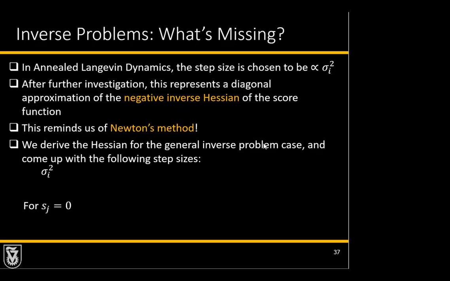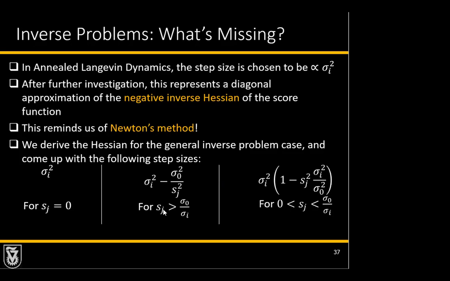Now, in our case, the step size was dependent on the respective singular value of every entry, right? Because we have a vector and it is multiplied by sigma, the matrix with the singular values. So for 3 cases of the singular values, we got different step sizes. The details of the derivation can be seen in the paper.